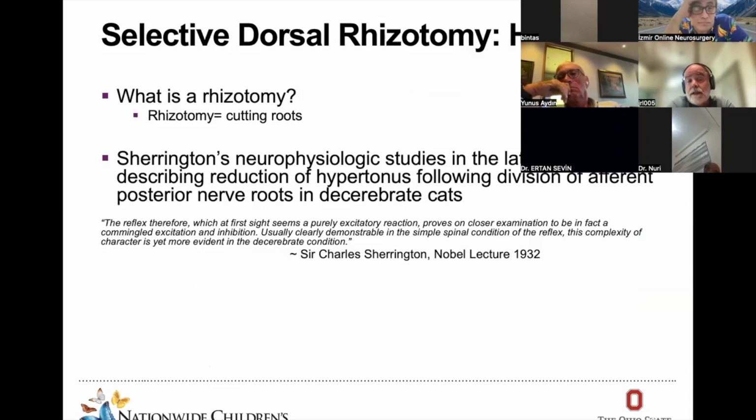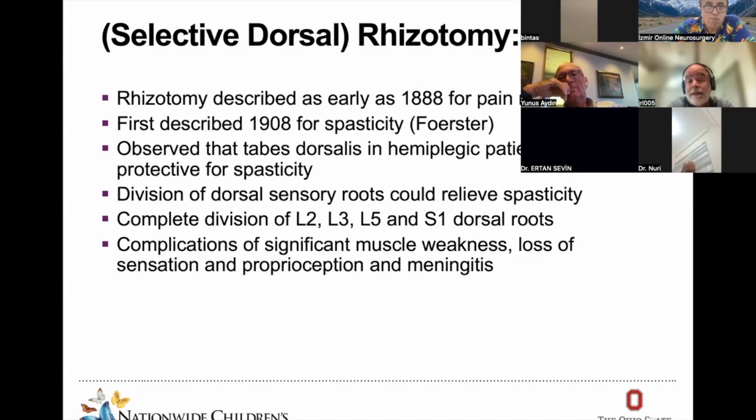Now, with that, let's talk a little bit about what a rhizotomy is. It is by and large a permanent procedure. It is the selective cutting of nerve roots. This really began in the 1800s, describing reduction of hypertonus following division of afferent nerve roots in the decerebrate cat. It was then first described in the early 1900s by Forrester and Cushing, where they noticed that people that had diseases of the sensory nerves didn't have any spasticity, so they ended up cutting the nerve roots.